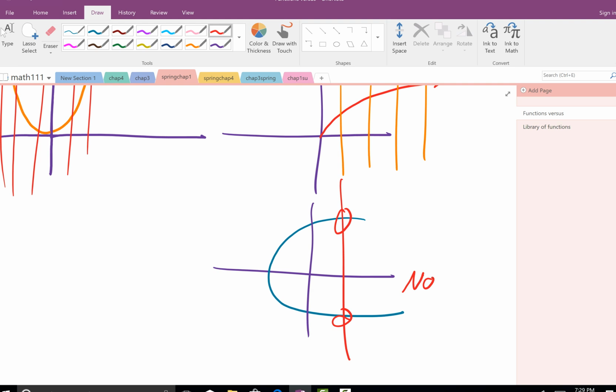So that means that my domain is going to start at that point, at 5. So then what I would say is the domain is greater than or equal to 5. Okay? Domain X is greater than or equal to 5. You could write it like that.